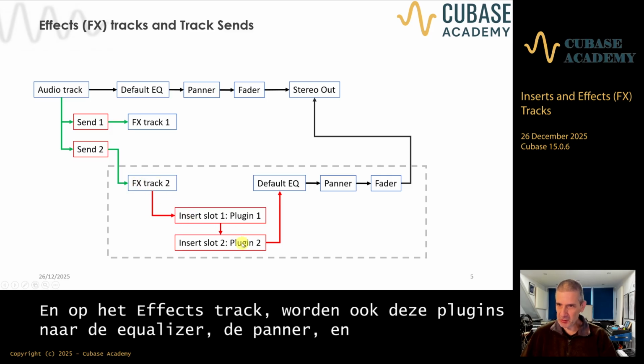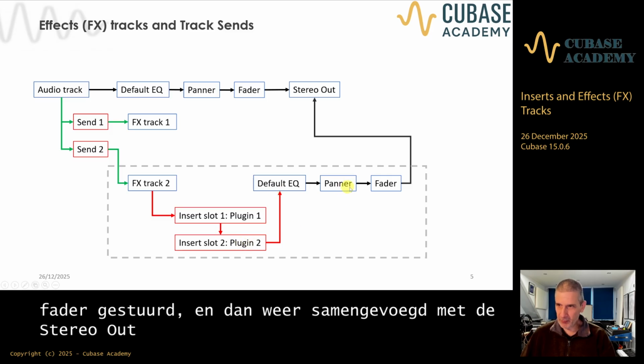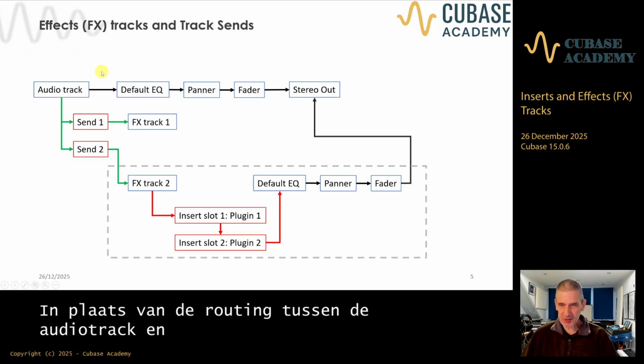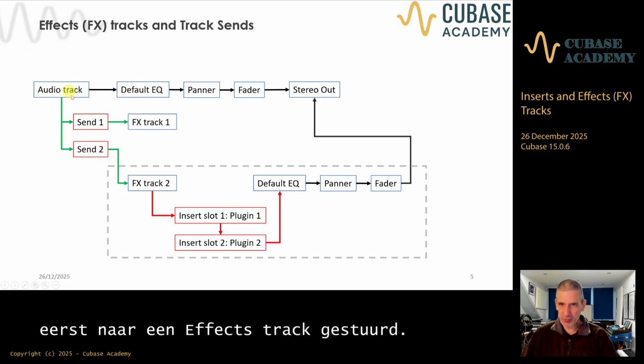also these inserts will be routed to the equalizer and panner and fader, and then be merged back in the stereo out. So instead of interrupting the routing between the audio track and the default EQ, the audio is first sent to an effects track.